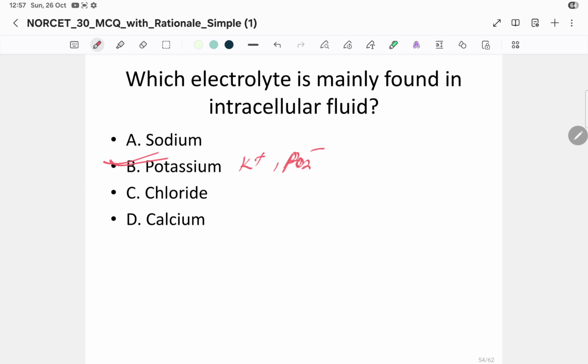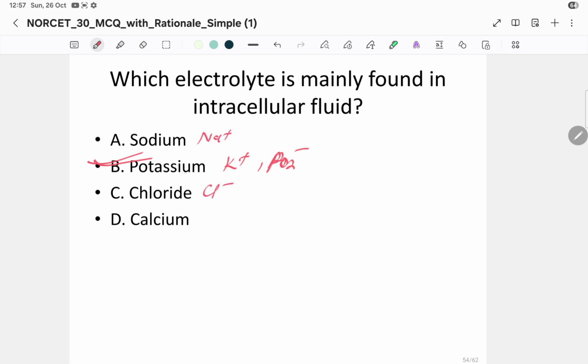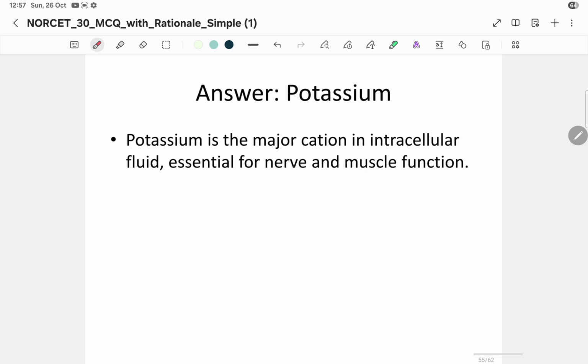Electrolyte in the intracellular fluid. And in extracellular fluid, what we can see? Sodium, chloride. Potassium is the major cation in intracellular fluid, and sodium is the major cation in extracellular fluid.